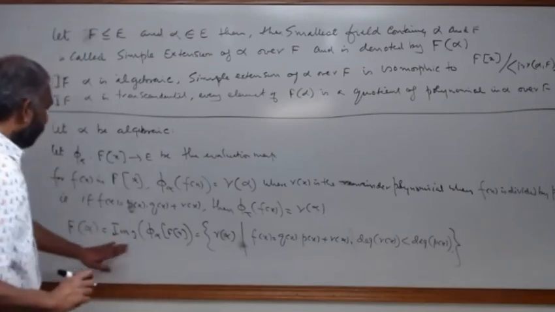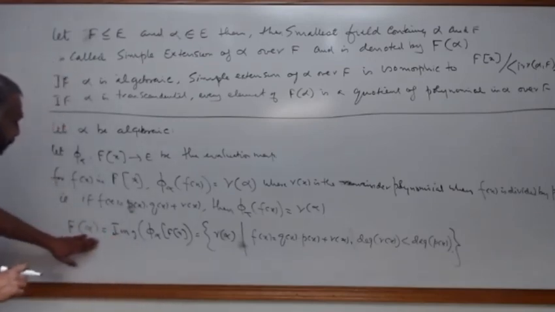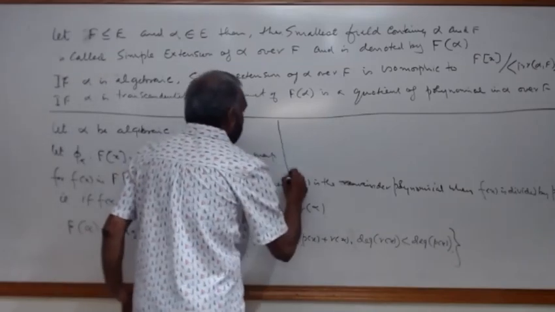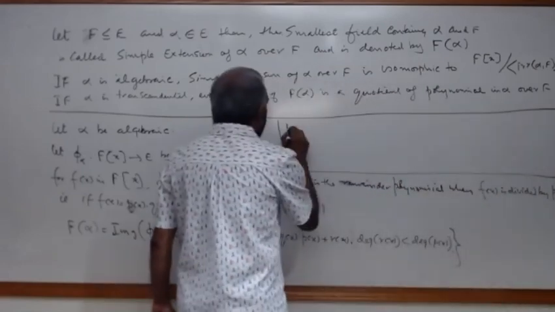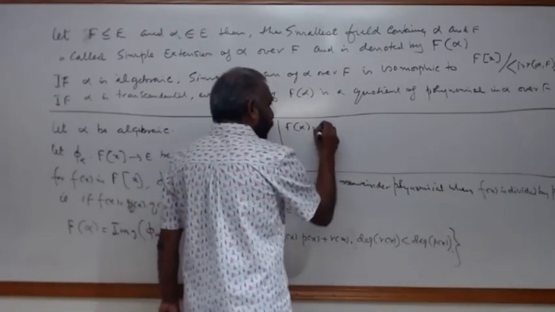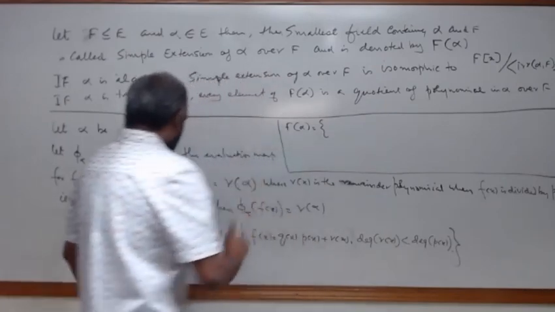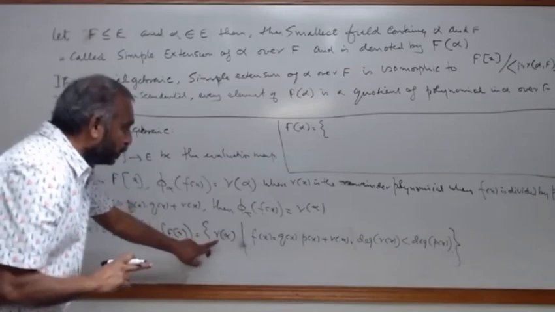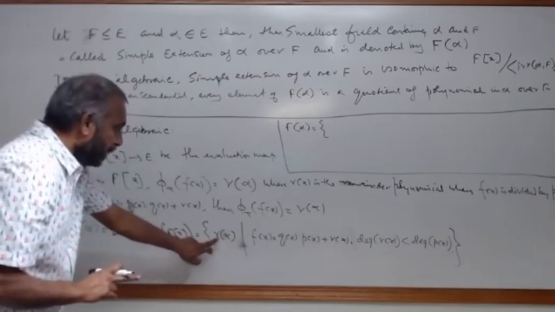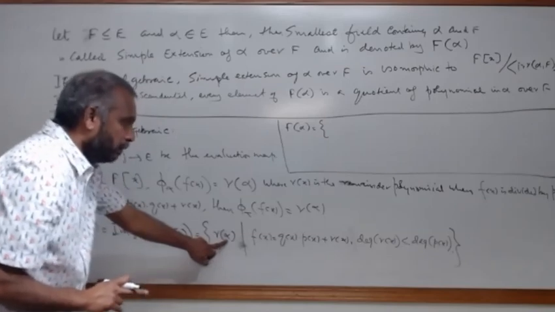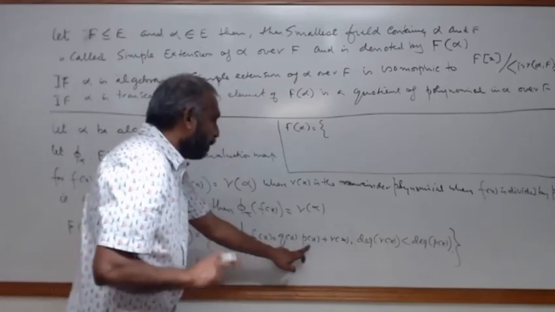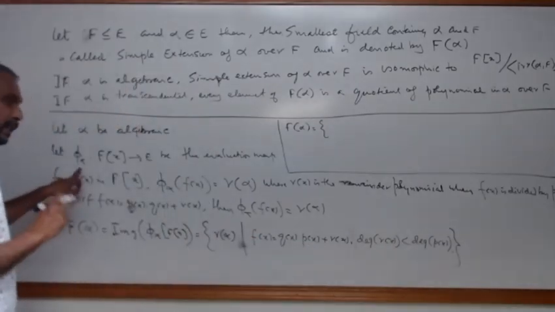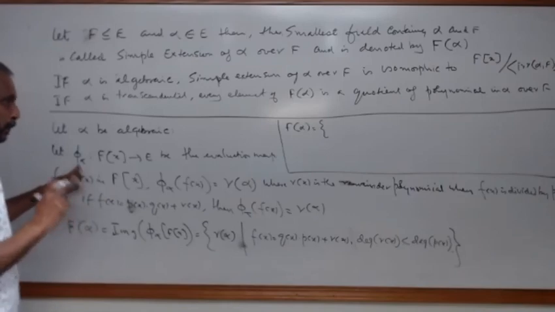So the elements of the simple extension when alpha is algebraic is this: F(alpha) is equal to a polynomial in alpha whose degree is less than the degree of the irreducible polynomial over F for which alpha is a 0.